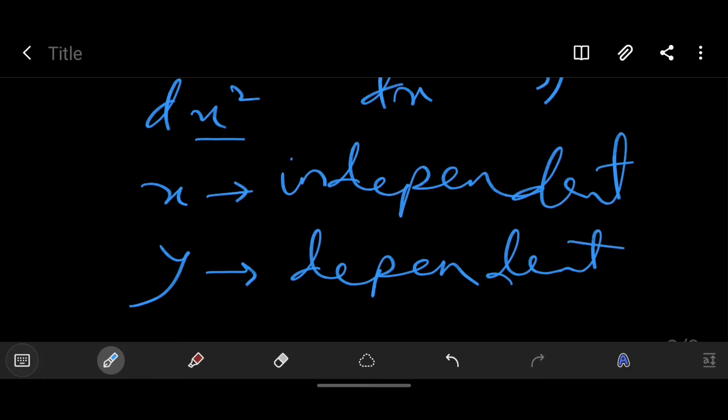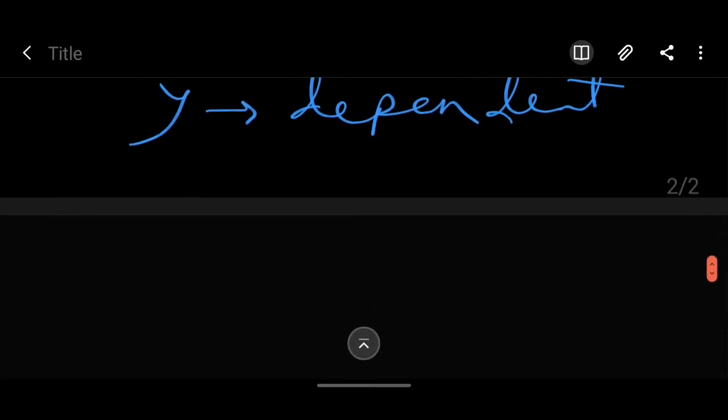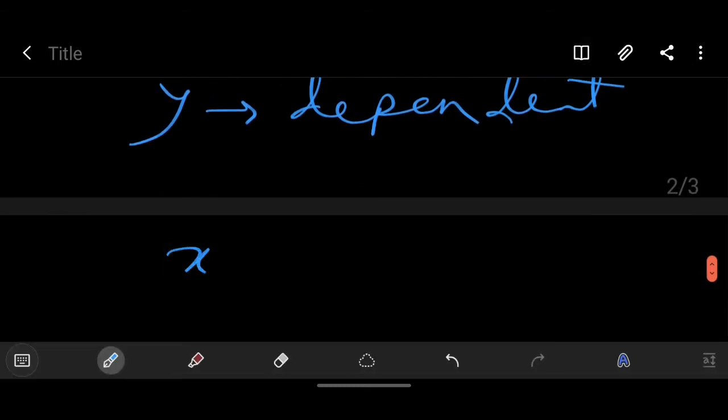So our method is to transform this independent variable. To transform the equation, we can change this independent variable x to some other variable. So let's say z is a function of x, so we will change this x to z.